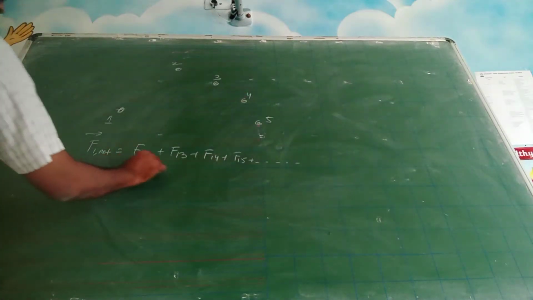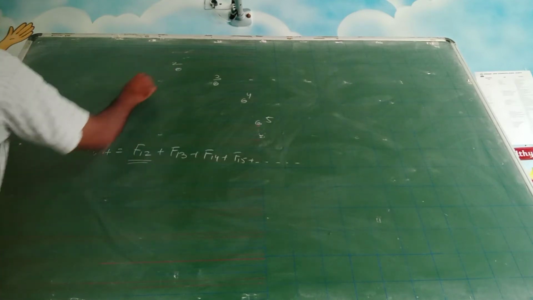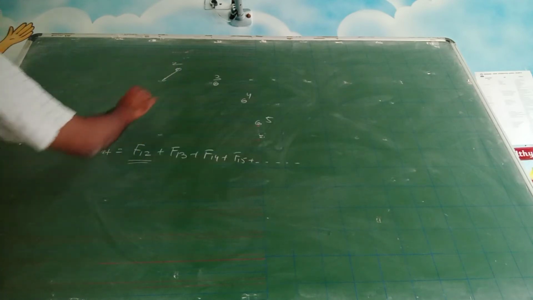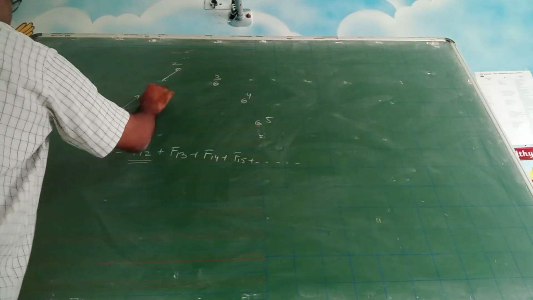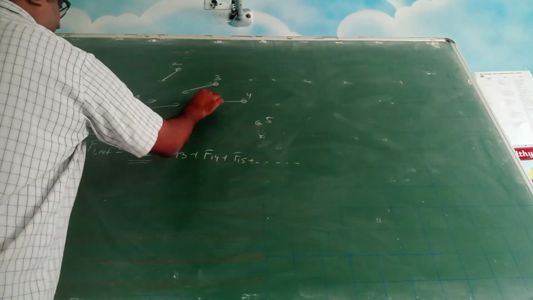What is F12? There is a force of attraction between mass 1 and mass 2. Similarly, between 3 and 1, there is a force of attraction. Same is the case with the others.